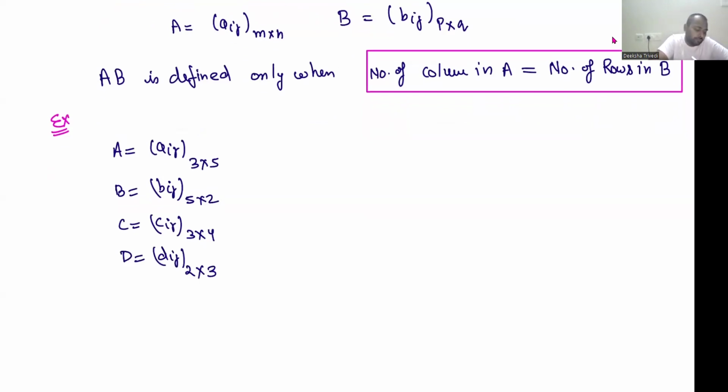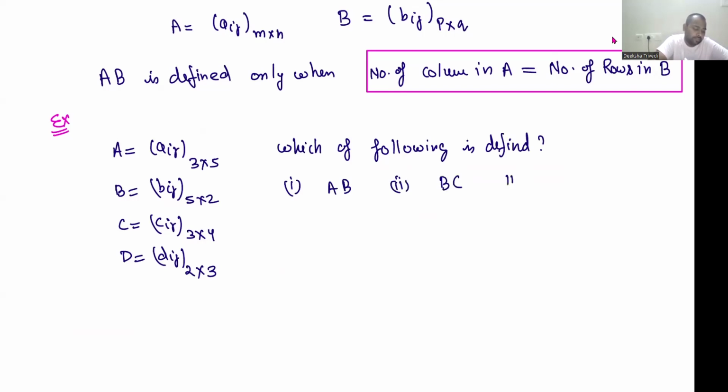Now, which of the following is defined? First, AB, second, BC, third, CD, fourth, DA, fifth, CB, sixth, BD, seventh, AD.